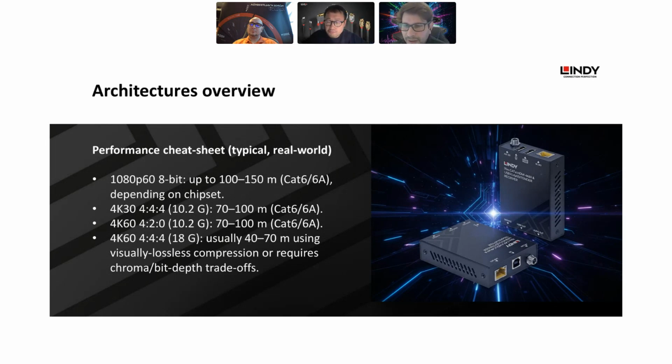And you will get up to 18 gigabits, usually at 40 or 70 meters, using visually lossless compression or requiring chroma subsampling, for example 4:2:0, instead of 4:4:4.